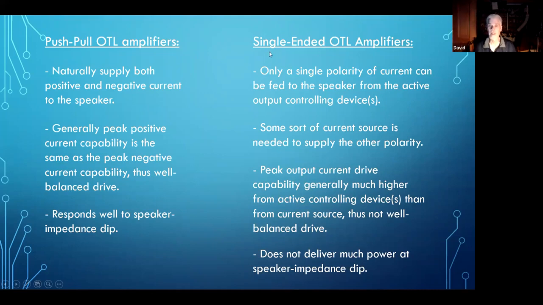Okay, so the single-ended OTL amplifier. Only a single polarity of current can be fed to the speaker from the active output controlling device, or devices if there are a bunch of them in parallel. Some sort of current source is needed to supply the other polarity.